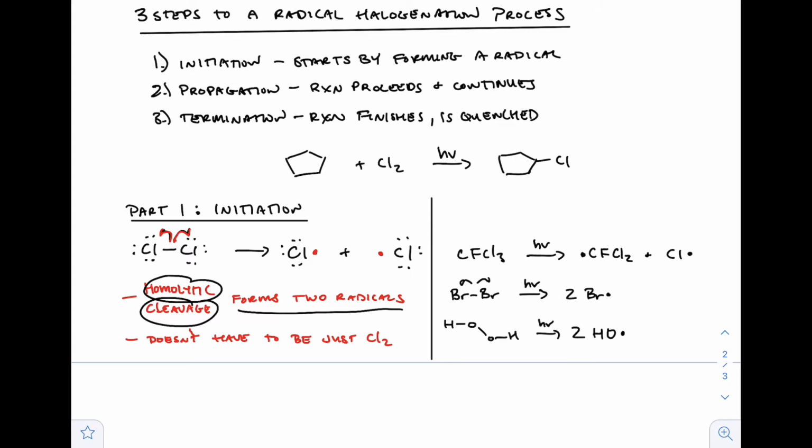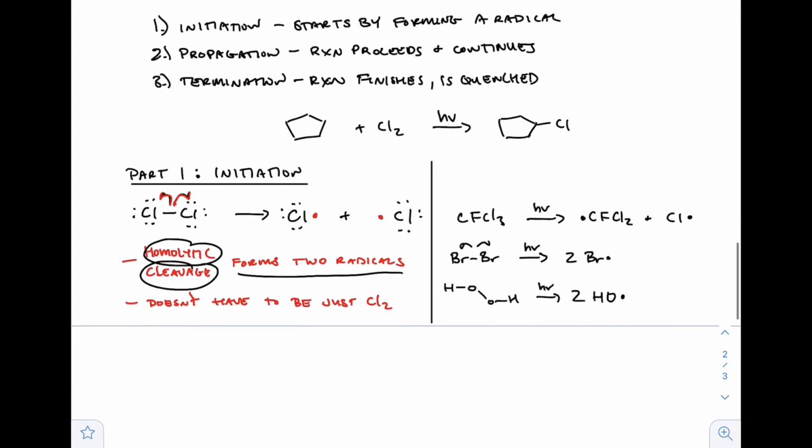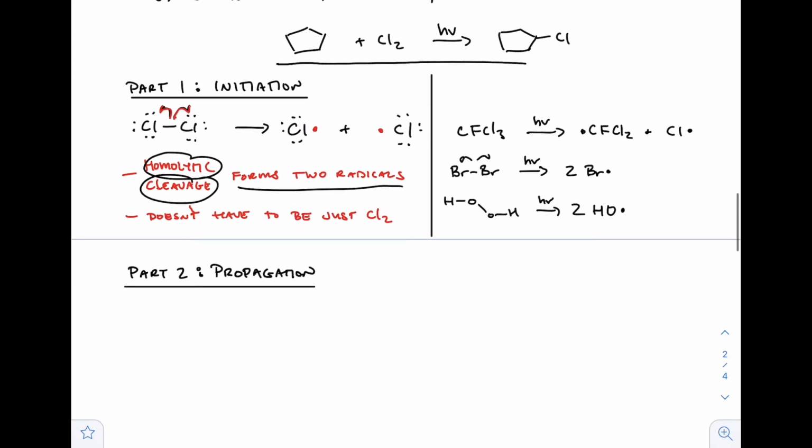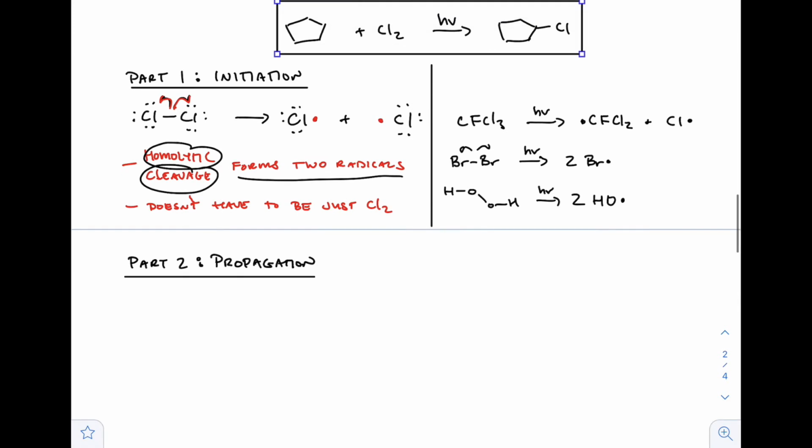But basically, this is just some sigma bonds undergoing homolytic cleavage and forming two radicals, right? Those are just a few, and those are some that we'll become very familiar with. I just wanted to use some other examples to help you identify the definition of initiation. Okay, so now what we've got is the propagation step.